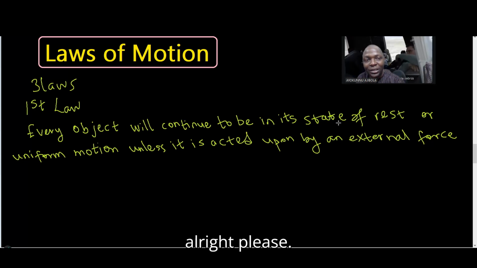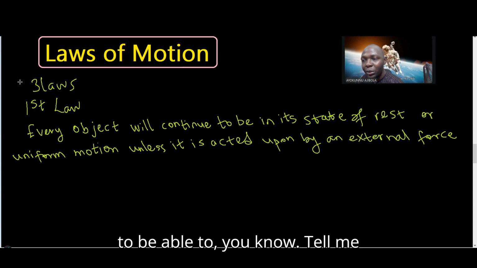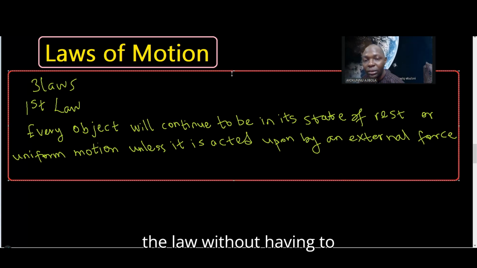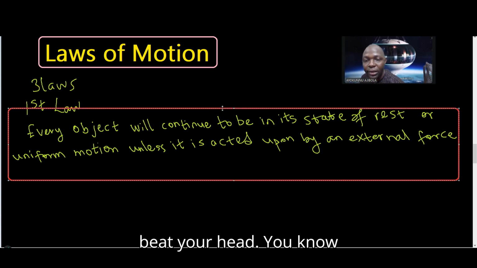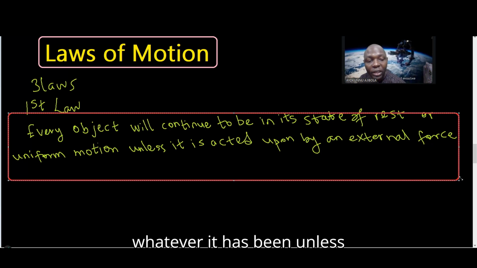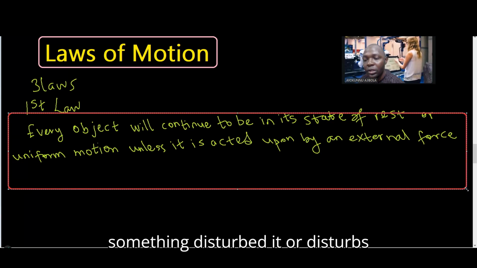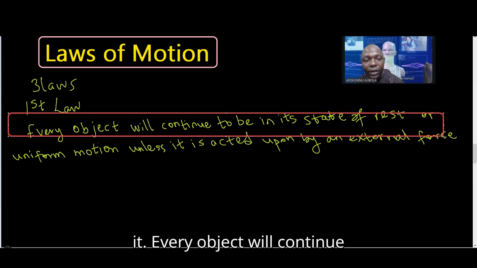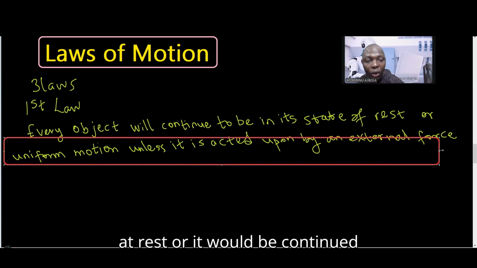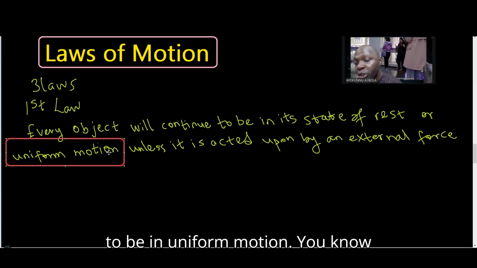All right, please. At the end of this class, I want all of you to be able to tell me the law without having to beat your head. Every object will be in whatever it has been unless something disturbs it. Every object will continue to be at rest if it was at rest, or continue to be in uniform motion.